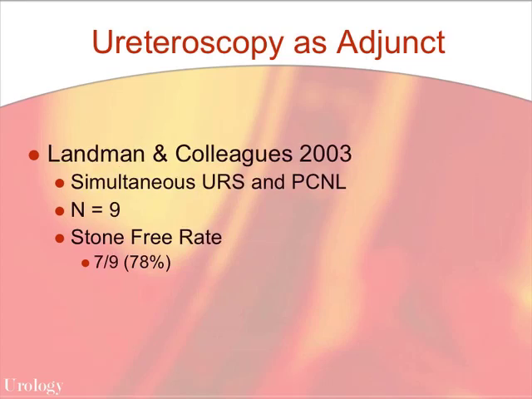In 2003, Landman and their colleagues had 2 surgeons working at the same time, one performing ureteroscopy simultaneously as a PCNL was being carried out. The stone-free rate here was comparable at 78%. However, there were a significant number of minor complications that they noted.